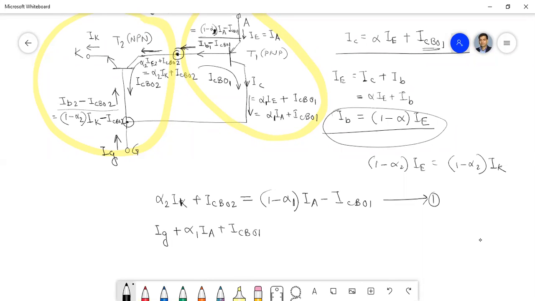So these two currents are incoming to this node. And what is the outgoing current? Outgoing current is 1 minus alpha 2 IK minus ICBO2. Have you understood? You just check whether you have understood these two equations or not.